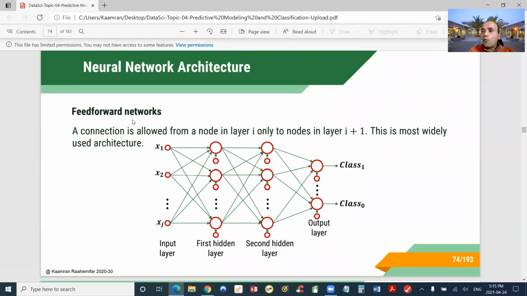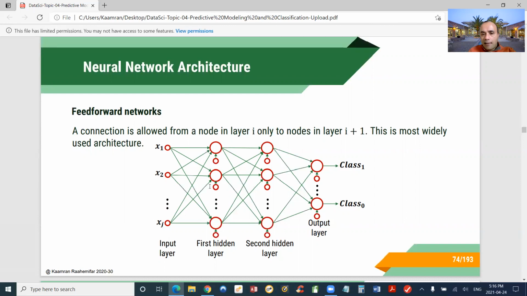This is a feed-forward network, and as you can see, there is a little element here called the bias input. So you have X1, X2, X3, X4, up to Xj coming in as input data, and then you have a bias here, and it doesn't change. It could be 0, in which case it is as if it doesn't even exist.